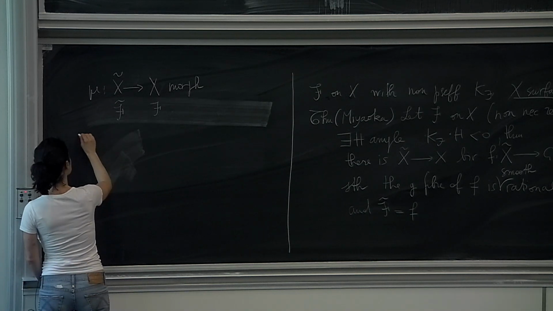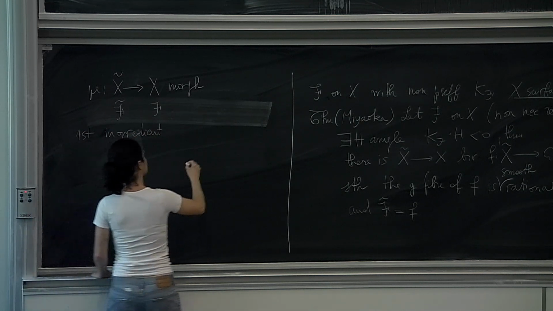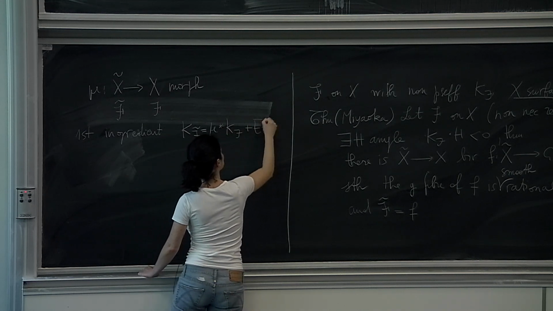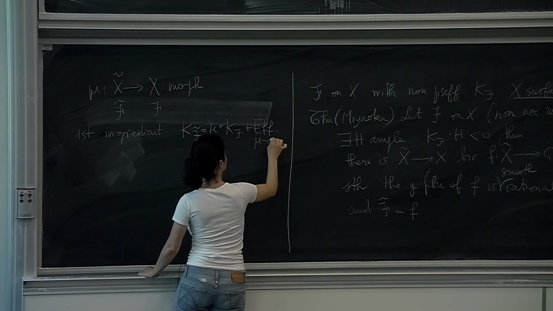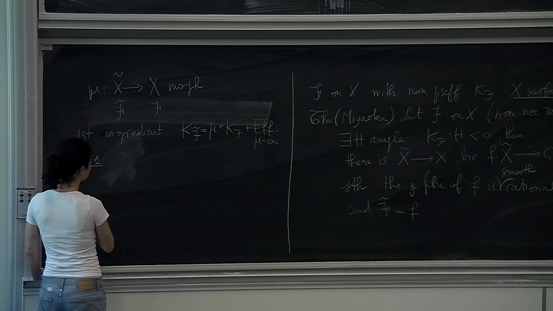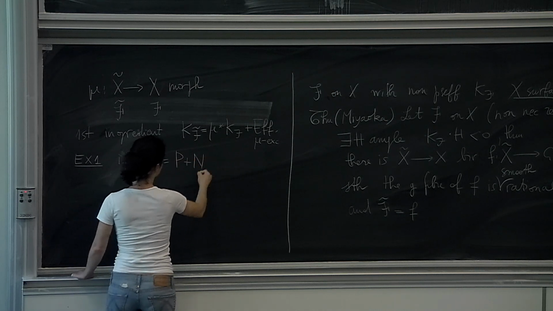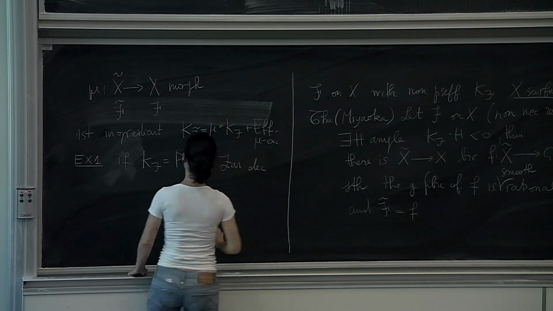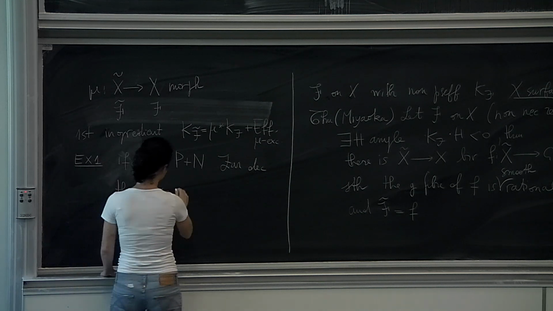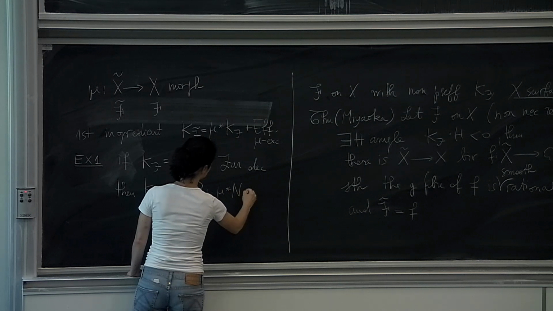So the first thing to use is that the canonical of F tilde is the pullback of the canonical of F plus an effective and mu-exceptional divisor E. So first step, if P plus N is the Zariski decomposition of K_F, then the Zariski decomposition of K_F tilde is the pullback of P as positive part plus the pullback of N plus E as negative part.